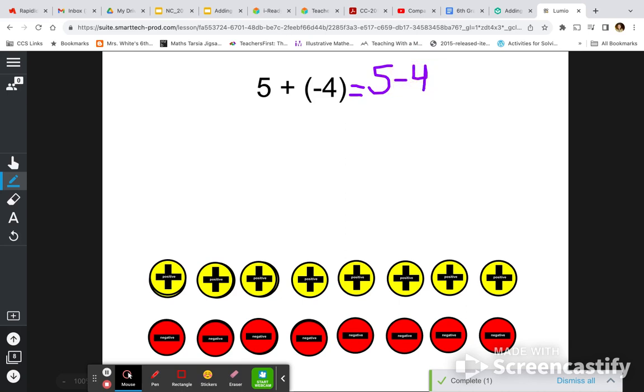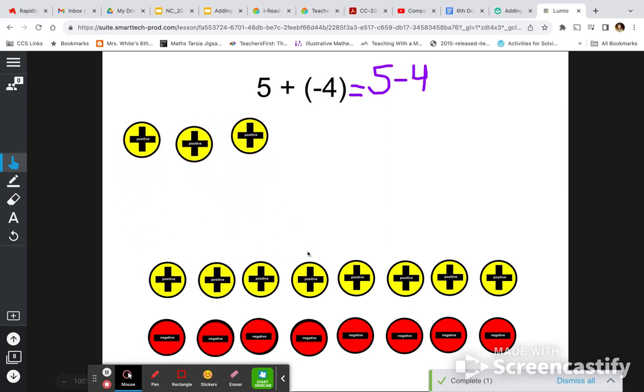And that, my friends, you probably will not need a number line for, or drawing a picture, but let's do it just in case. +5, 1, 2, 3, 4, and 5. Okay, I'm combining that with -4.